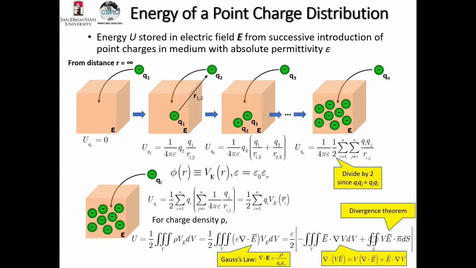Because here we have the divergence of the electric field, and then we can express that in terms of the divergence of V times E minus E times grad V. And using the divergence theorem, we can change this to a surface integral. Make sense so far?